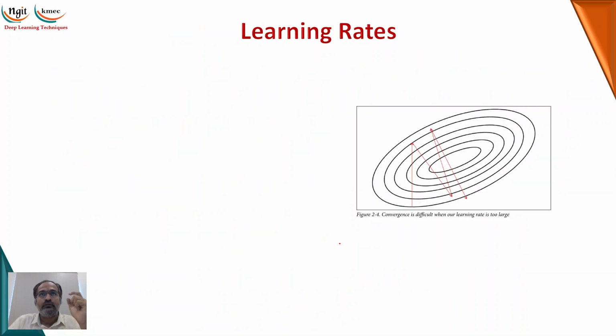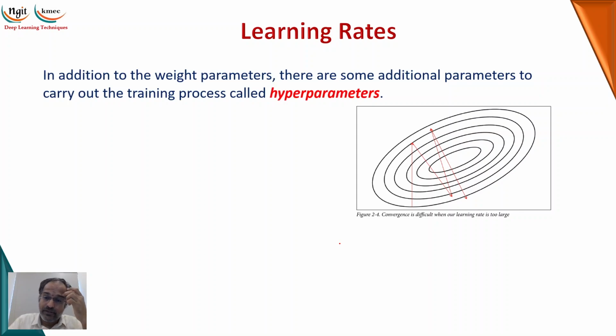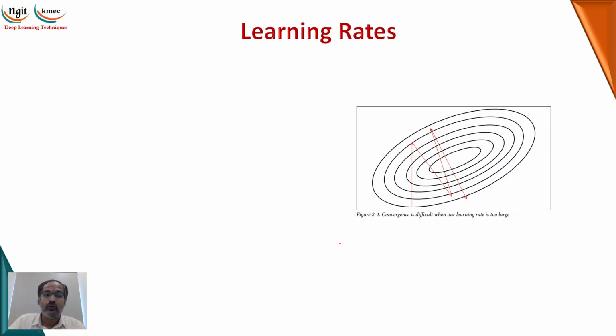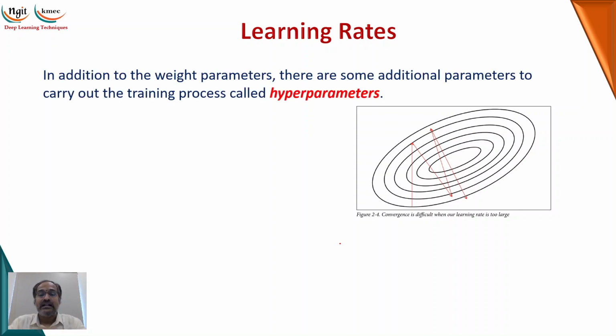Now let us go with the learning rate. Using gradient descent, we have decided in which direction it has to move, but how far it has to travel, how far it has to modify? The direction is fixed, but how much you have to move in W1 and in W2 will be decided by an additional parameter called a hyperparameter.